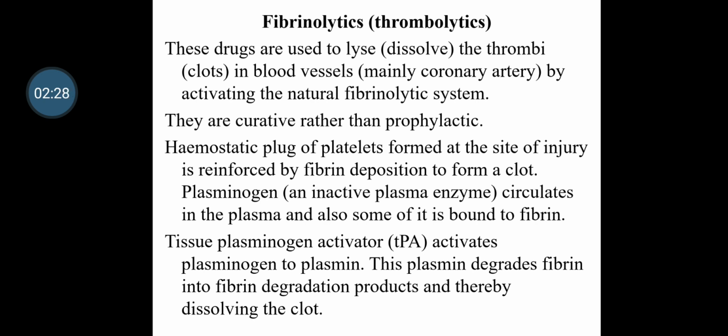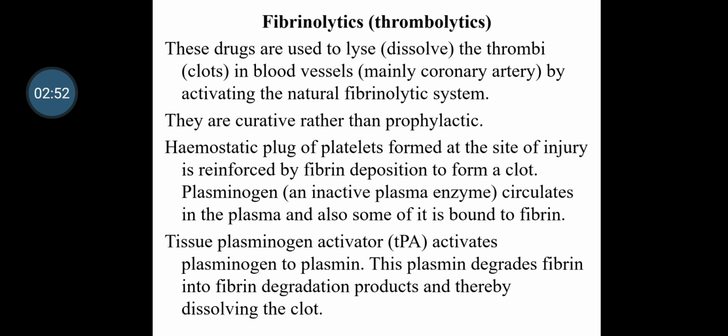So actually there is an enzyme or protein, plasminogen, but plasminogen fails to degrade fibrin into fibrin degradation products because plasminogen is an inactive enzyme. So we have to convert plasminogen into active plasmin. For this conversion, we can use some medicines.